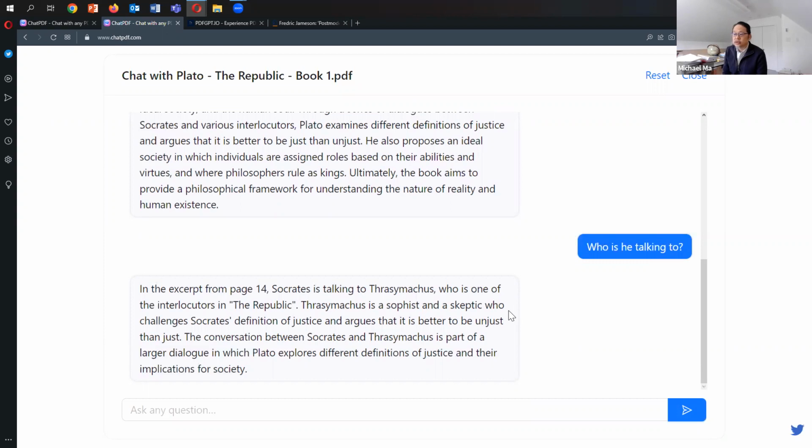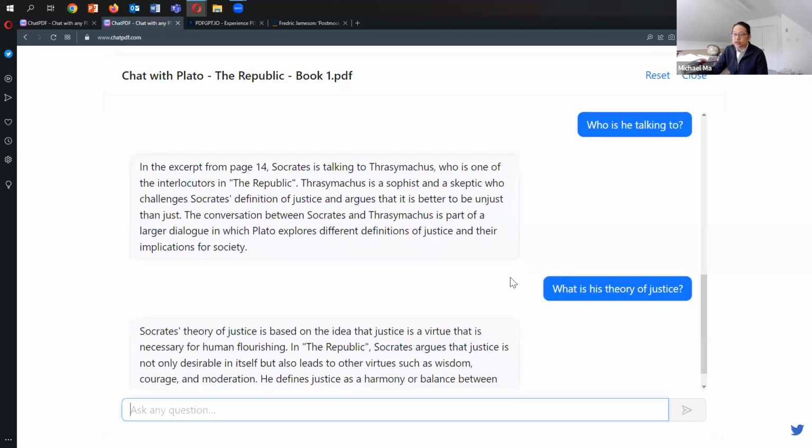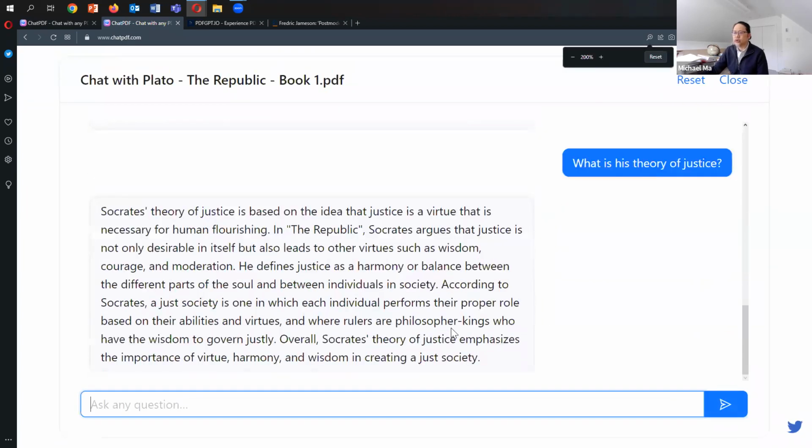Thrasymachus is a sophist and a skeptic who challenges Socrates' definition of justice, blah, blah, blah. Okay, yeah, okay. Well, let's ask it, what is his theory of justice? Socrates' theory of justice is based on the idea that justice is a virtue and that it is necessary for human flourishing. In Socrates, he argues that, so on and so forth.